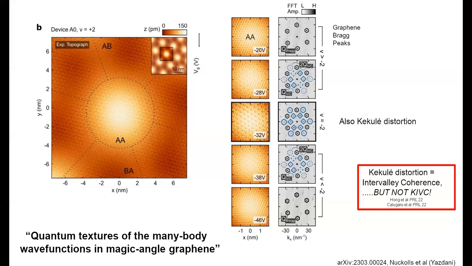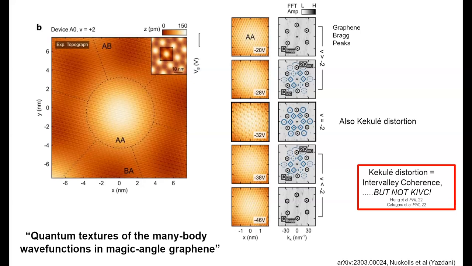And you can look closely, you can see the individual graphene hexagons lying under that. So you take one of these AA regions, a big chunk of these, and you Fourier transform the picture. What you mainly see at many filling fractions is the graphene Bragg peaks. You see the periodicity of the underlying graphene lattice.